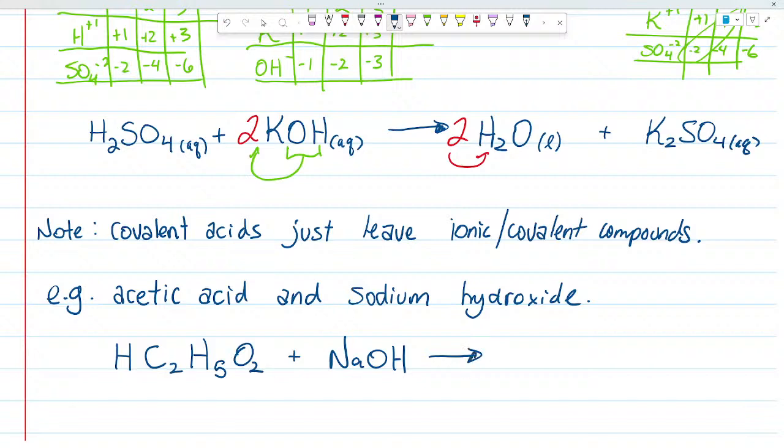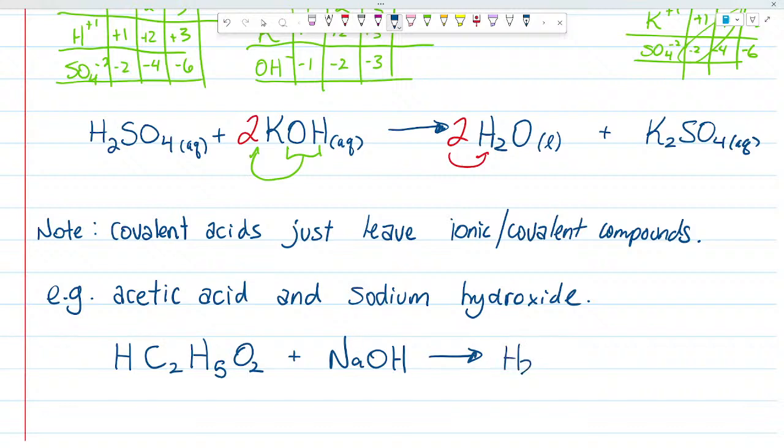You don't need to worry about the fact that this is covalent. You just know that the part of it that's left over is going to take what charge? Negative. And the sodium will take what charge? Positive. So they're just going to end up together.